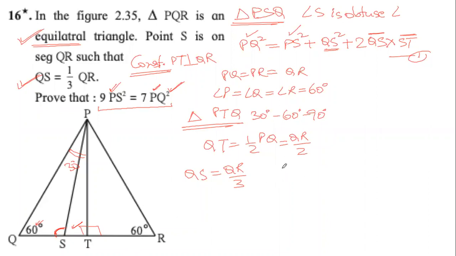Using these, we can find ST. We can find ST as QT minus QS, which is equal to QR by 2 minus QR by 3. It's like 1/2 minus 1/3.